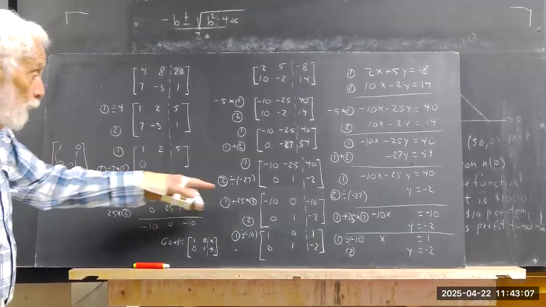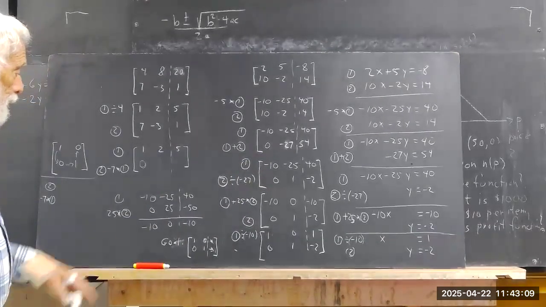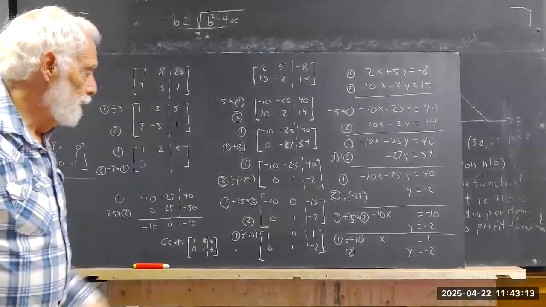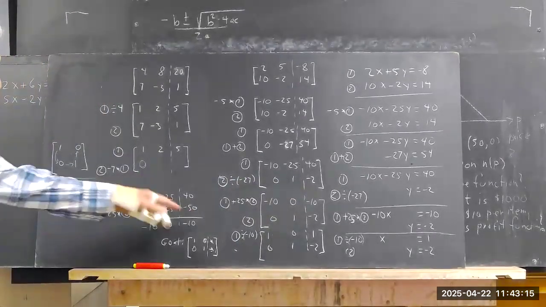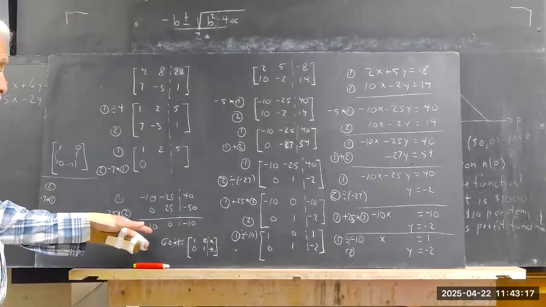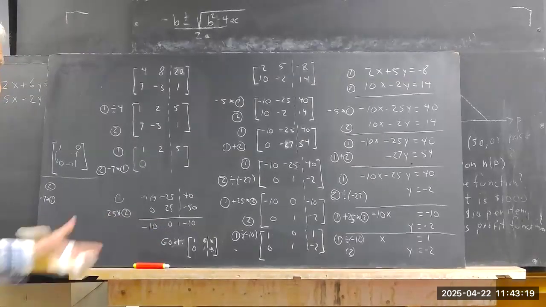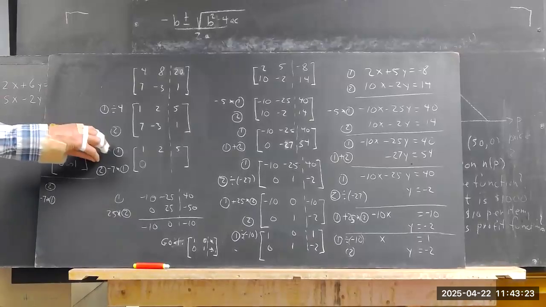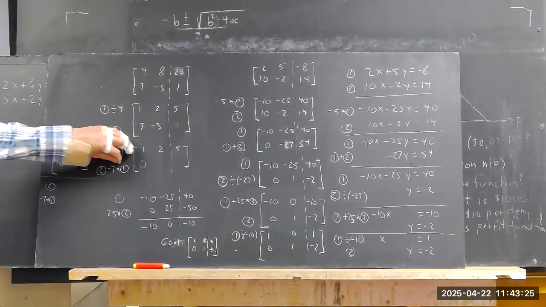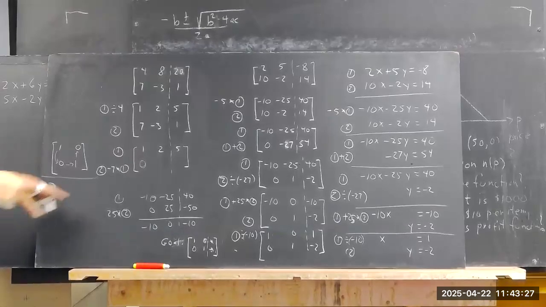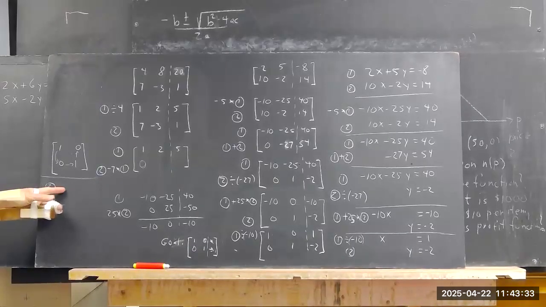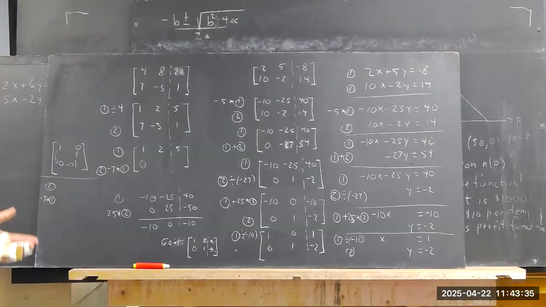Then I wrote down row one, and 25 times row two, and then I added them together. So if I do row two minus 7 times row one here, I better write out row two, negative 7 times row one, and then fill in the numbers and put them together.